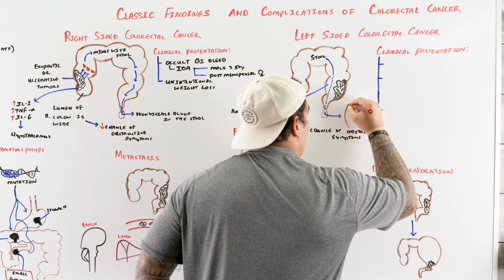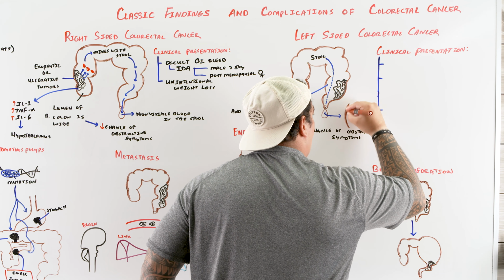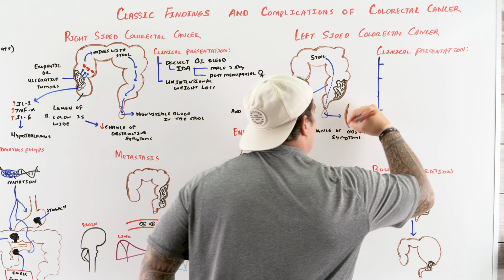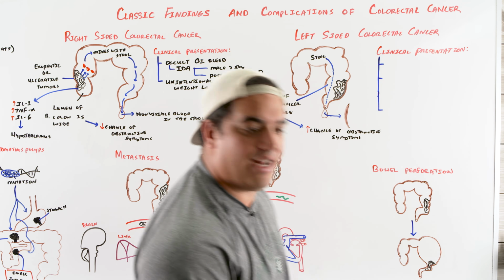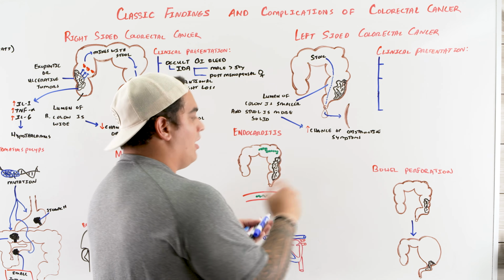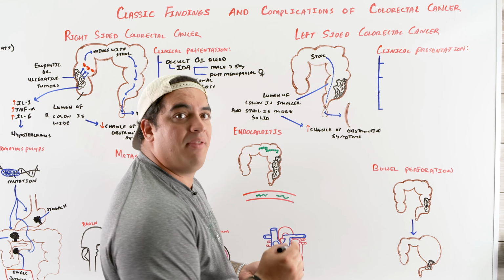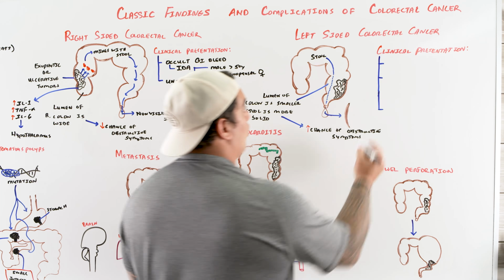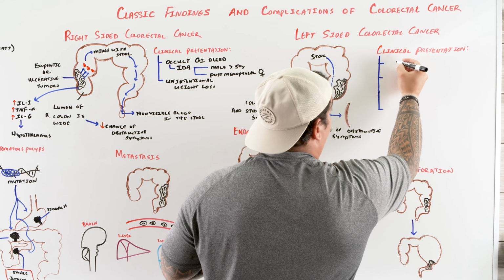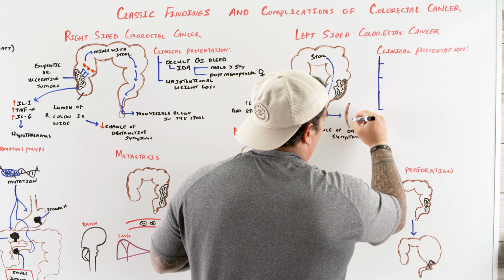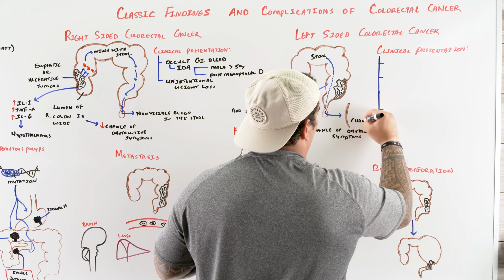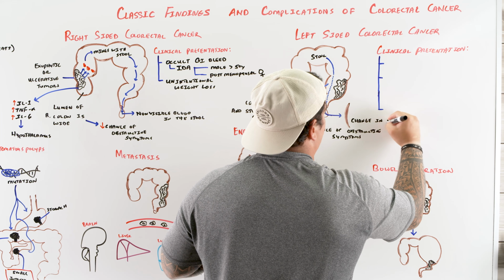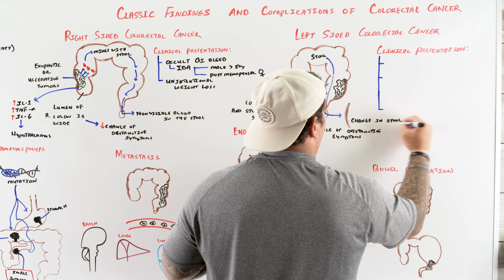So now this stool could be very small and weirdly shaped, because it had to squeeze past that stricture. So that's one thing that I want you to remember, is that they can develop things like a pencil-shaped stool. So let's just say change in stool size. We'll talk about this a little bit later though.